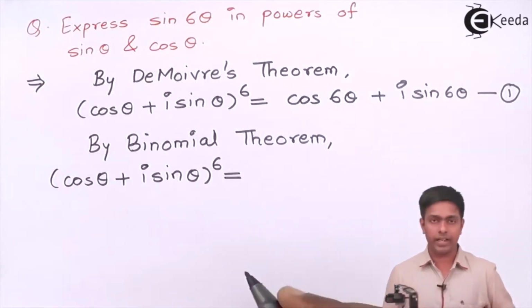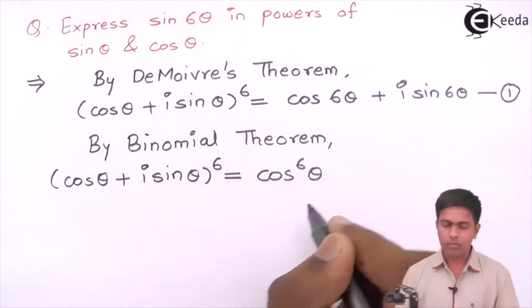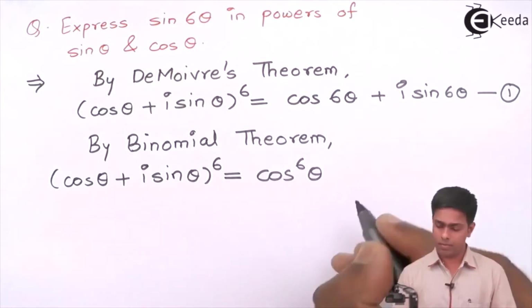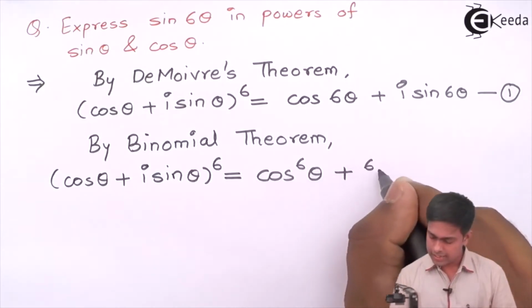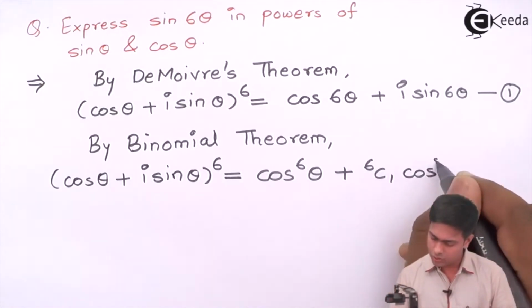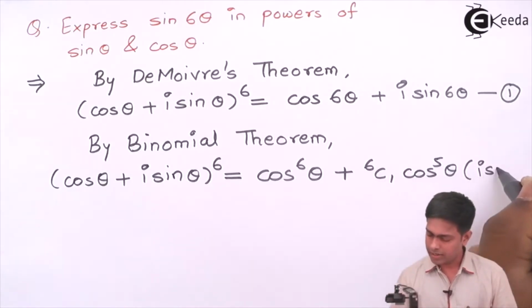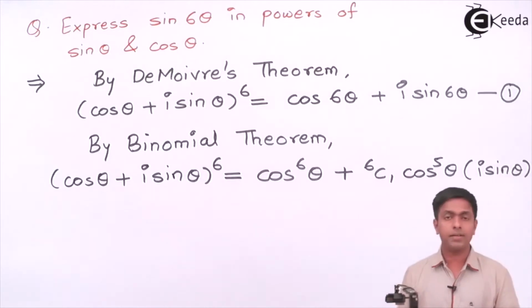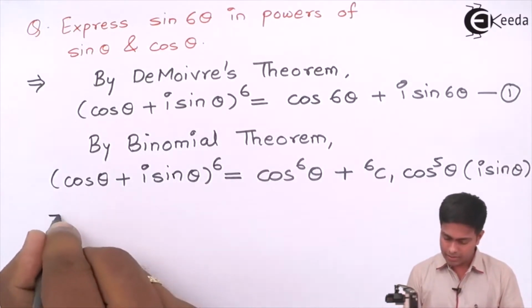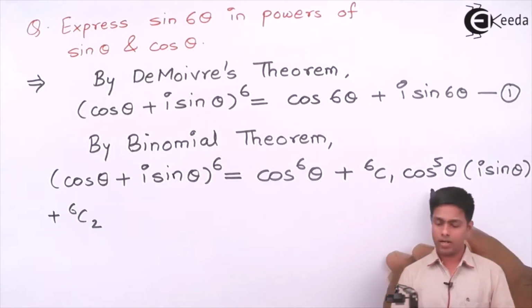So here we will get cos raised to 6 theta as the first term, plus 6C1, then cos raised to 5 theta into i sin theta, plus 6C2, we are increasing it by 1.